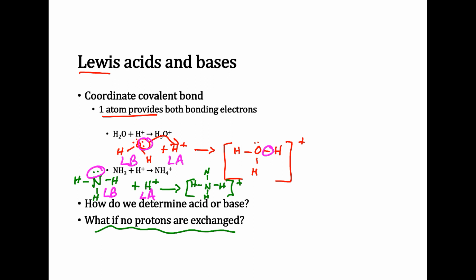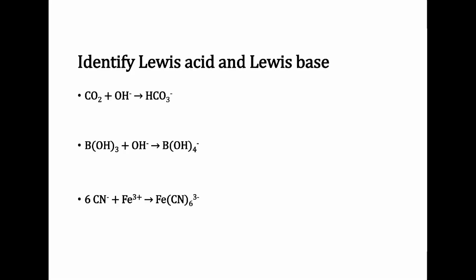Let's go ahead and try a few more examples together. One of the first things you want to do whenever you're faced with a more difficult example is draw a Lewis structure so you can visually see where the electrons are coming from and where they're going. Here for CO2, you may recall it has a Lewis structure that looks like this.